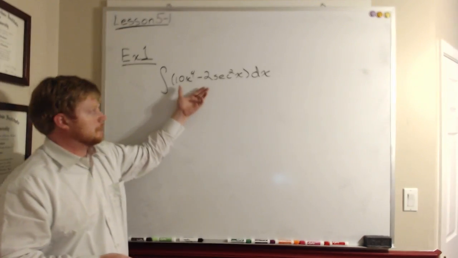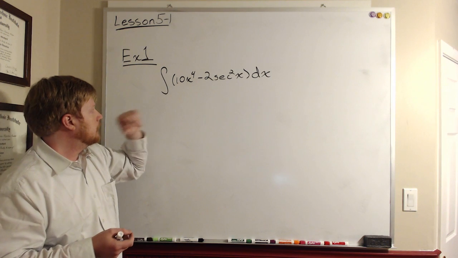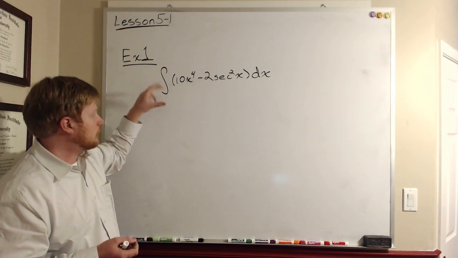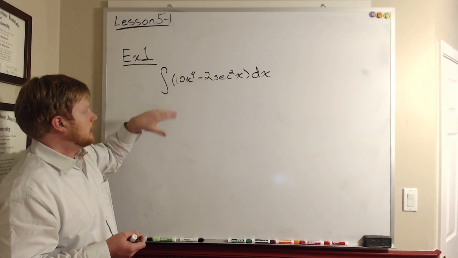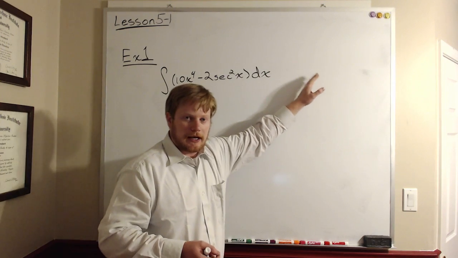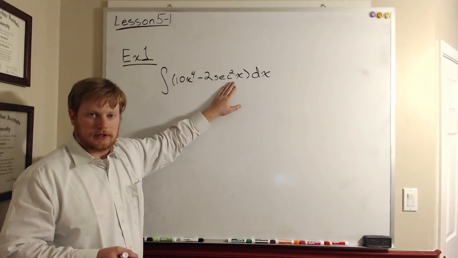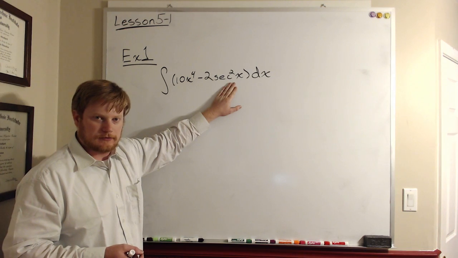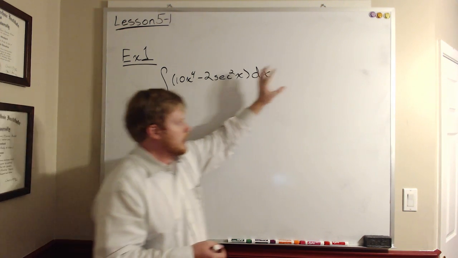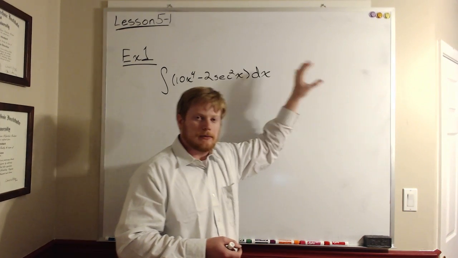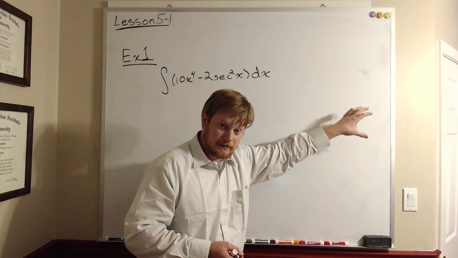In this case, it's x. This is an indefinite integral because I don't have bounds. And remember, the answer that I get is the antiderivative of this function. In other words, I should be able to take the derivative of it and get what's in here.